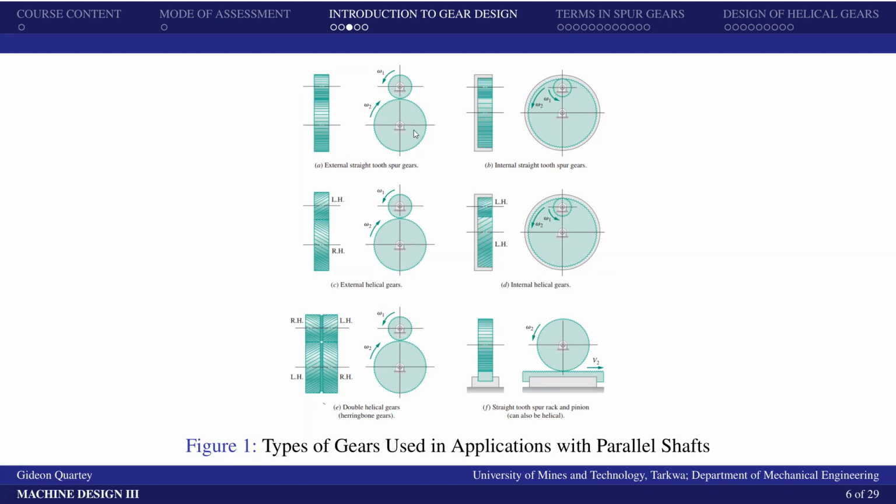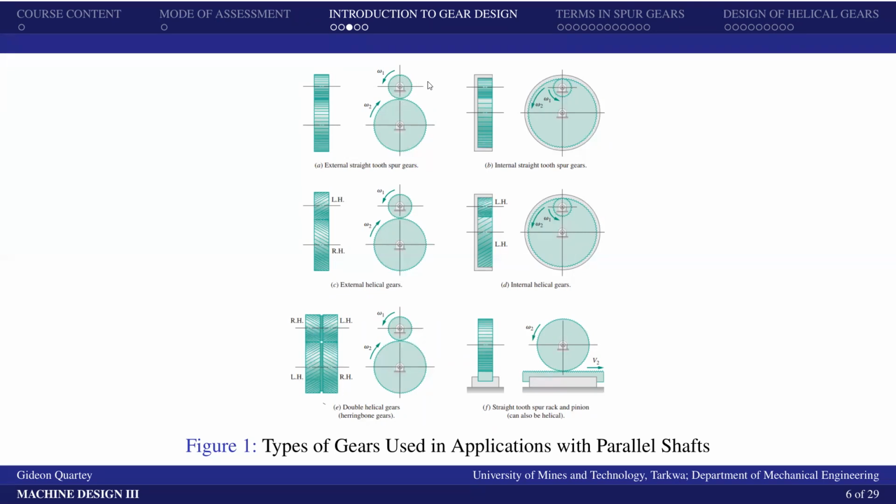And one other thing that you should note here is the direction of rotation of each of the gear elements. If you look at the gear here, as it rotates in the clockwise direction, the pinion meshed with it will be rotating in the anti-clockwise direction.